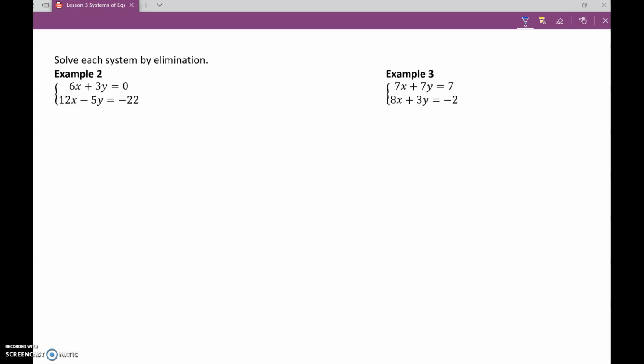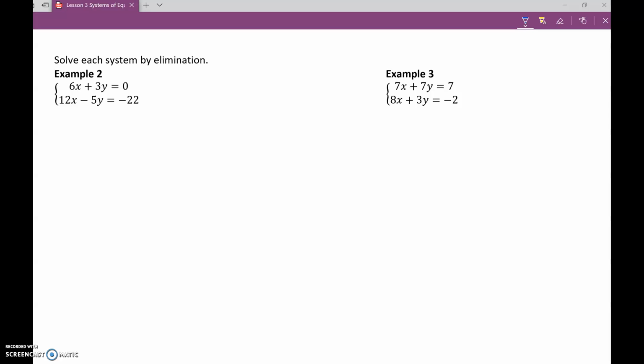So if that's the case, sometimes you may have to multiply just one of your equations by something, or you might have to multiply both. Okay, to figure that out, look at your coefficients of your x's, look at your coefficients of your y's. In order for these to eliminate, either the x's or the y's, the coefficients have to be opposites of each other.